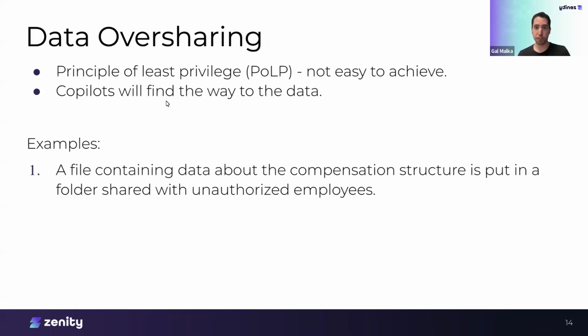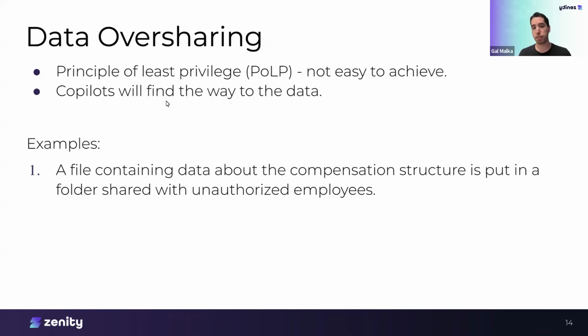So we see a lot of cases when the user may ask a legitimate question. He isn't probing for sensitive data, but Copilot finds its way to the sensitive data and presents it to the user. So this is the first reason for this being a big problem here.